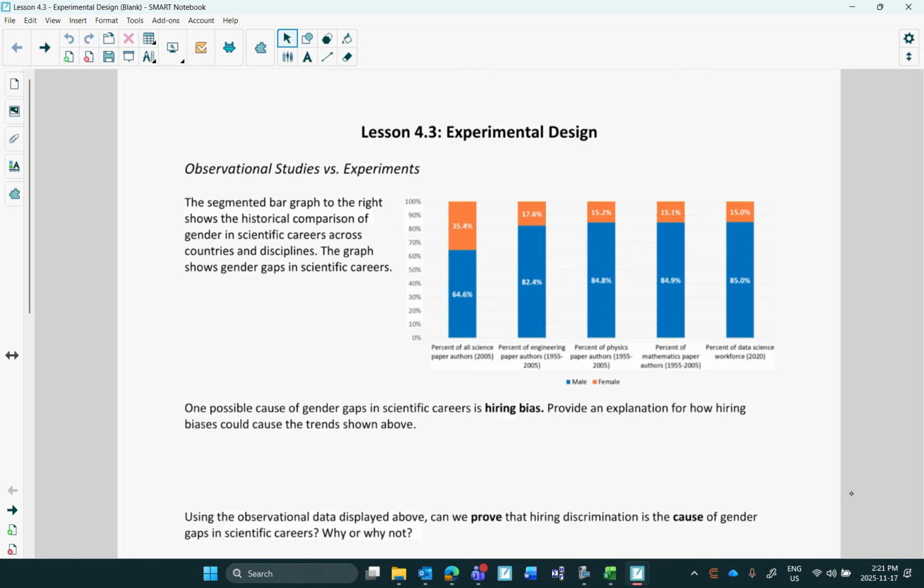We talked about association in the first unit when we were talking about categorical data.